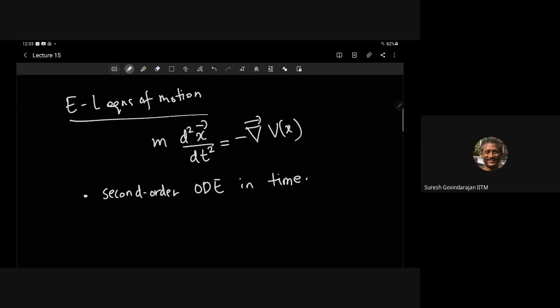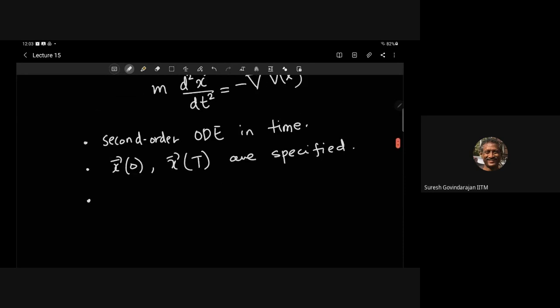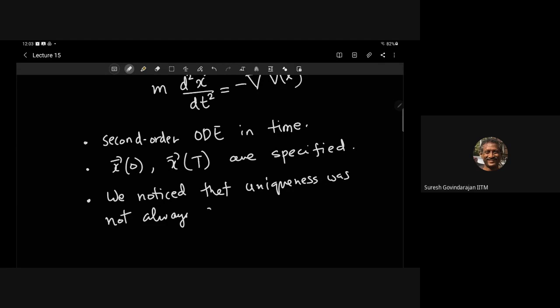We put boundary conditions, where x at 0 and x at some later time t are specified, and we noticed that uniqueness was not always guaranteed by the above boundary conditions.